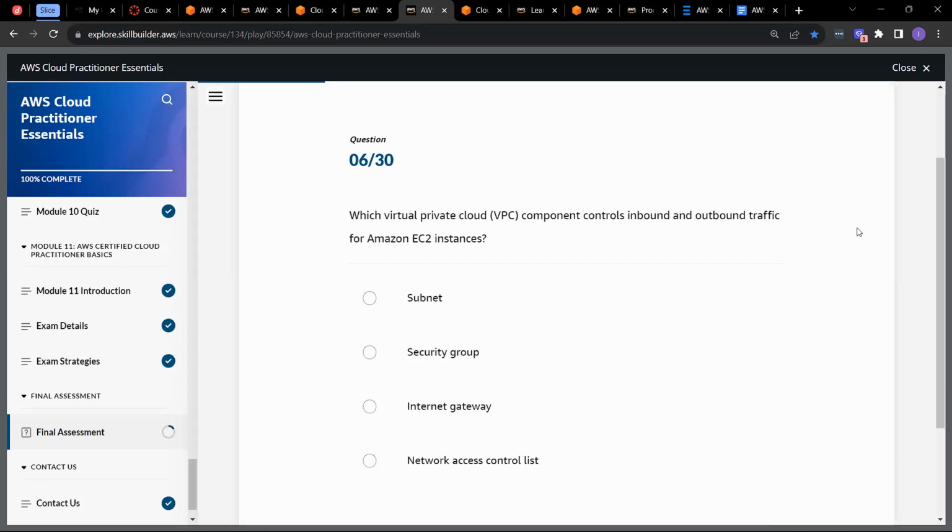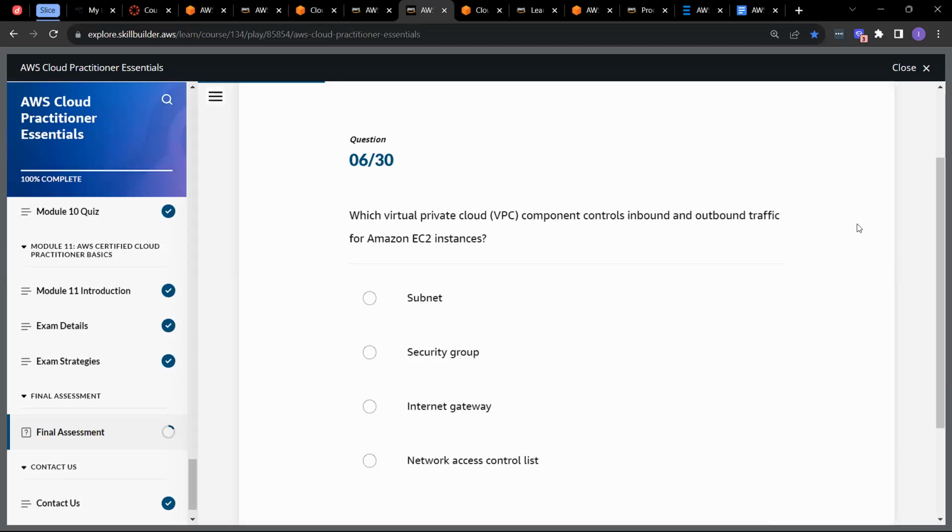It is definitely not a subnet. It is not an internet gateway, because an internet gateway just takes you to the internet. And the network access control list is just to give users who can access it. So obviously it's a security group. No, sorry. Yes, yeah.